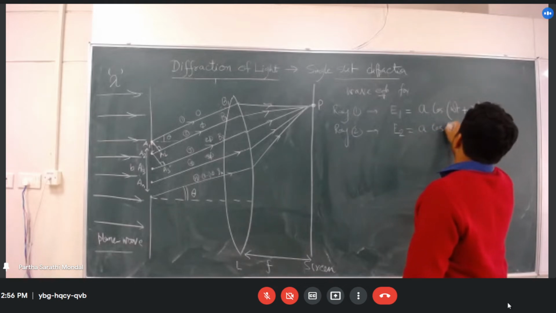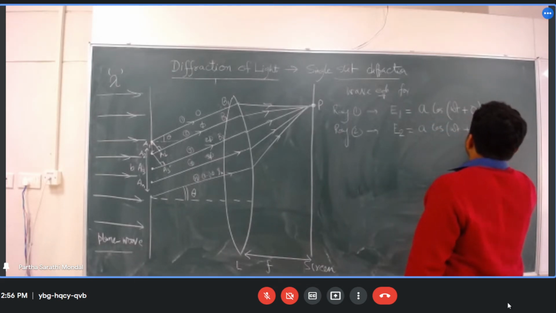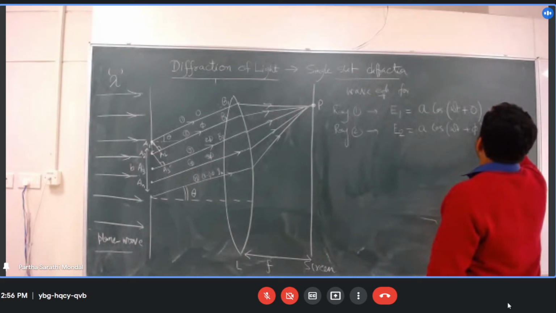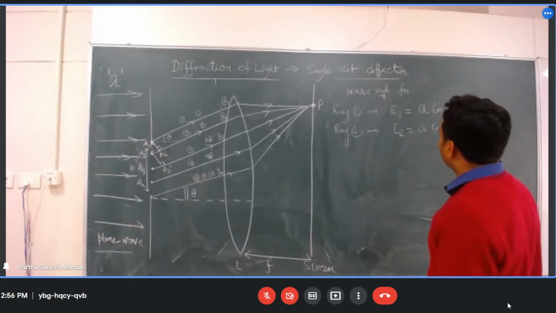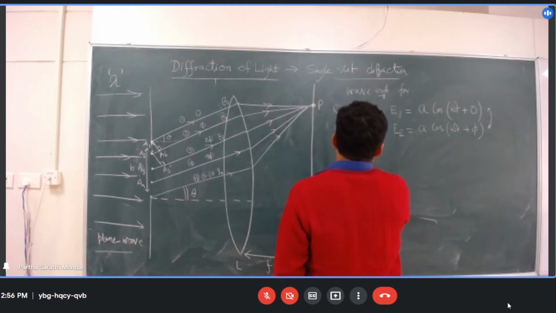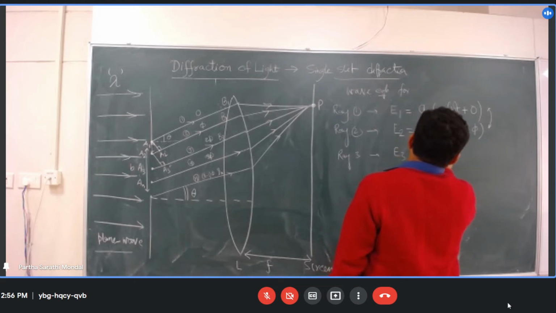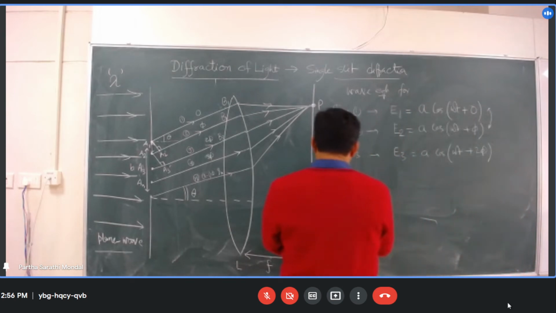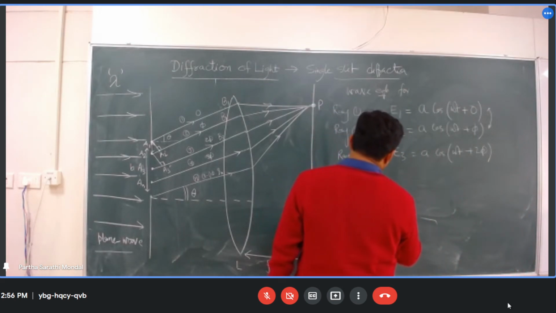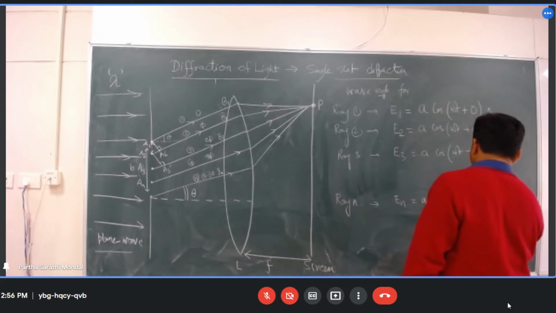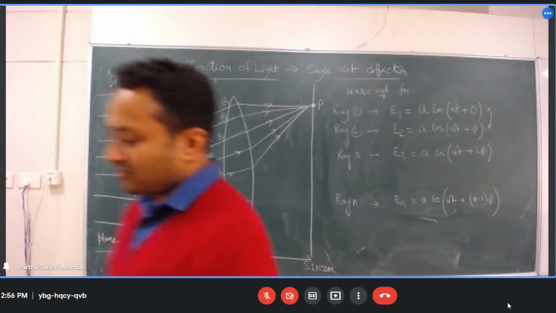E2 equals A cos omega t plus phi. बस phi इनके बीच में phase difference है, और कुछ चेंज नहीं हो रहा है ना। Similarly ray 3 के लिए होगा E3 equals A cos omega t plus 2 phi. तो n के लिए क्या होगा? En equals A cos omega t plus n minus 1 into phi.